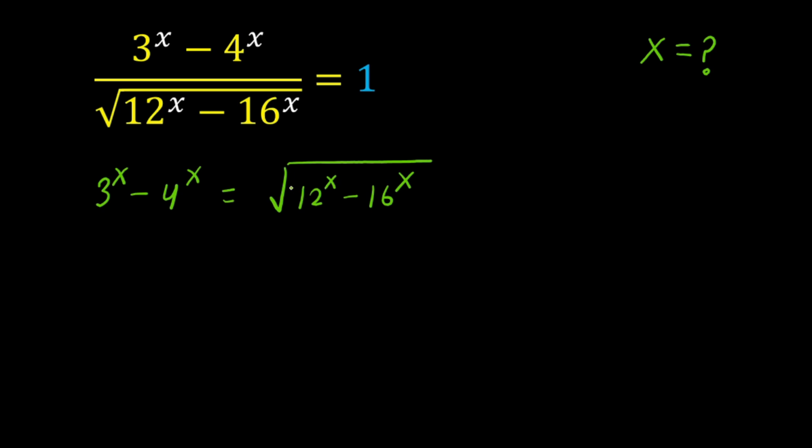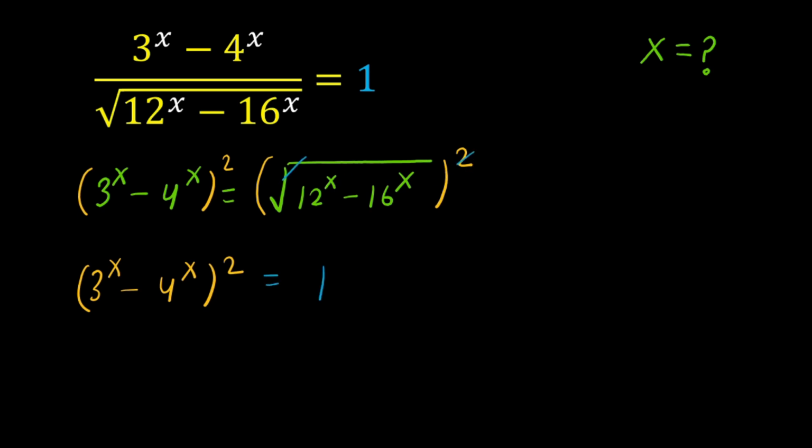To eliminate this square root, just take the square on both sides. Then on the left-hand side (3^x − 4^x)^2, and the square root is cancelled out by the square, so this equals 12^x − 16^x.